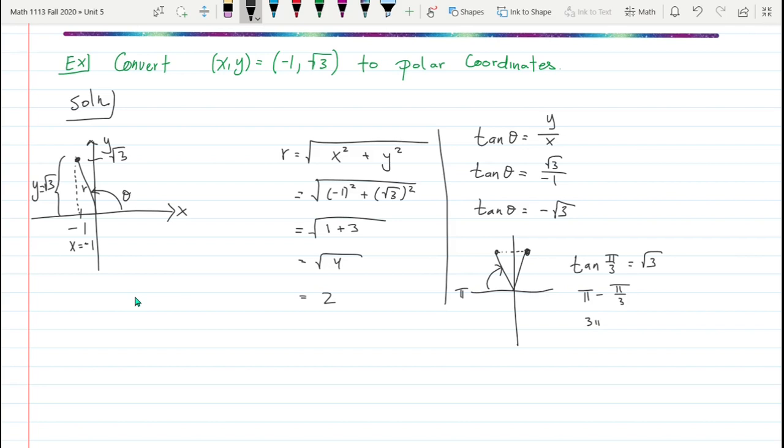So that's one way to figure out the angle theta.